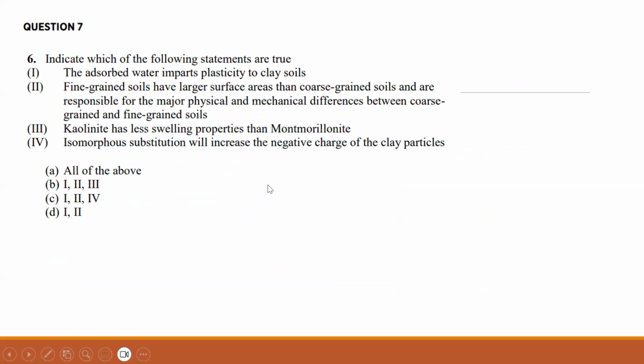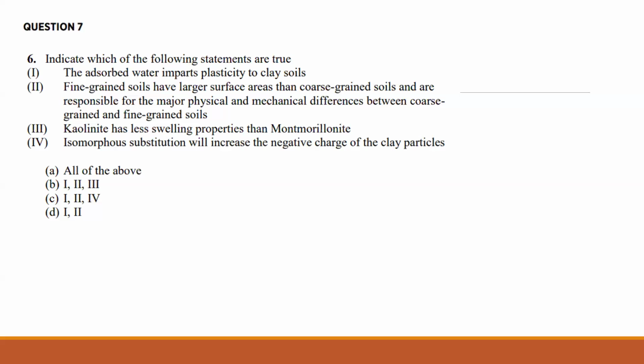Okay, the next three questions are MCQ questions. Indicate which of the following statements are true. The absorbed water imparts plasticity to clay soil. Is it true?